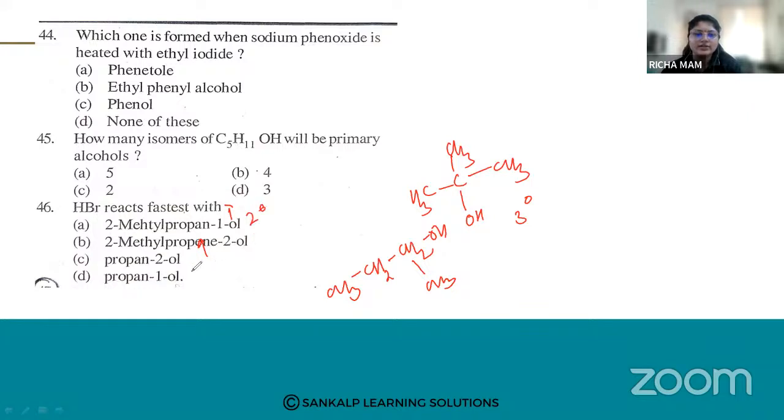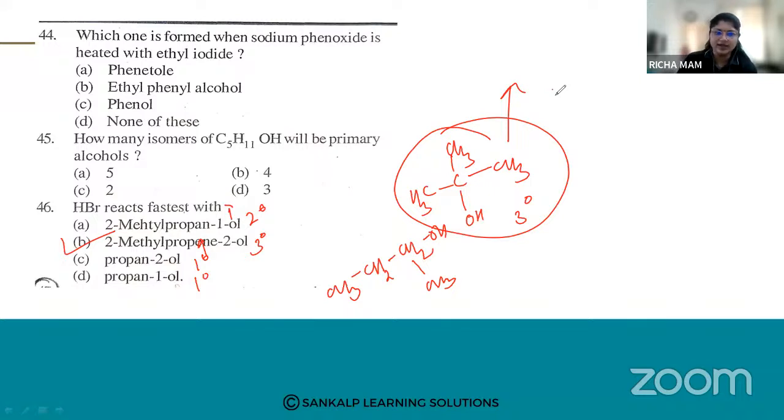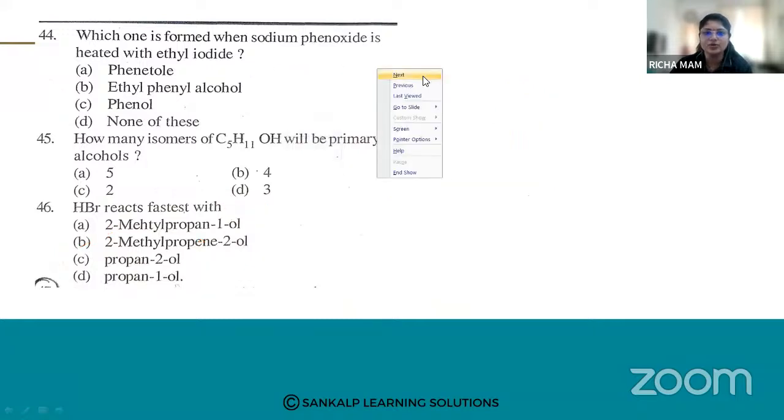Then here it is a secondary alcohol, this one is primary, and this is a tertiary alcohol. When the tertiary alcohol forms a carbocation, it is more stable compared to primary and secondary. So tertiary carbocations are more reactive, and HBr will react more readily with that alcohol.